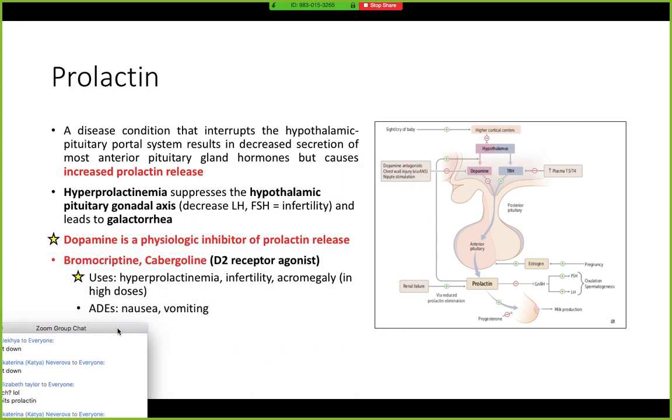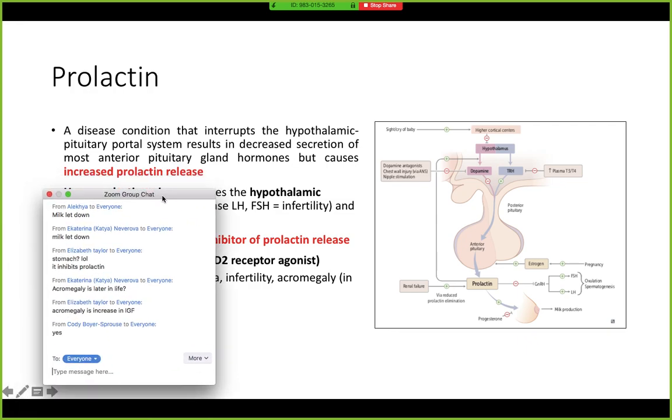Okay, so it's super important to understand the relationship between dopamine and prolactin. Any disease that interrupts the hypothalamic pituitary portal system is going to result in decreased secretion of most anterior pituitary hormones, but you're going to see an increase in prolactin release. Can somebody explain why that is?